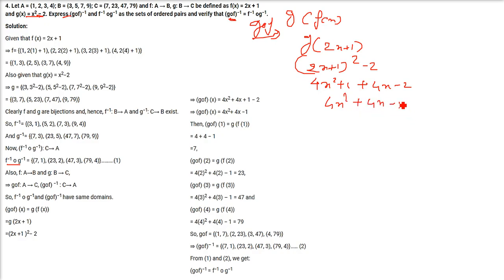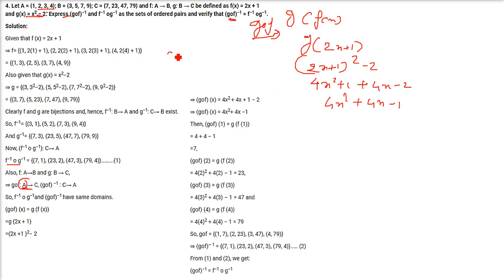So one by one we'll put the values. What value are we going to put? A, because gof is from A to C and gof inverse is from C to A. So in order to find gof, g of f(x), we have to take the values of A: 1, 2, 3, 4.